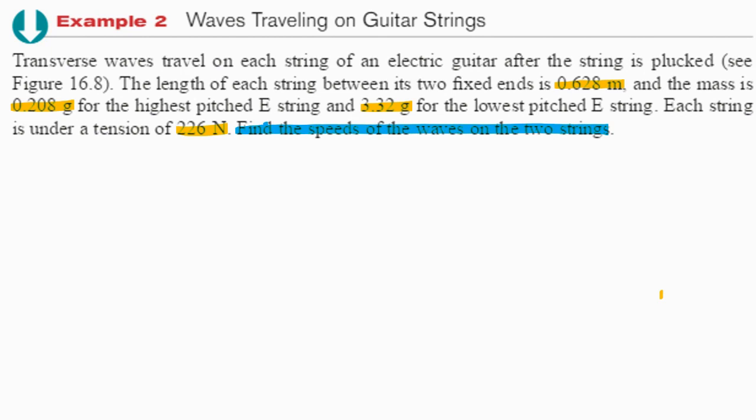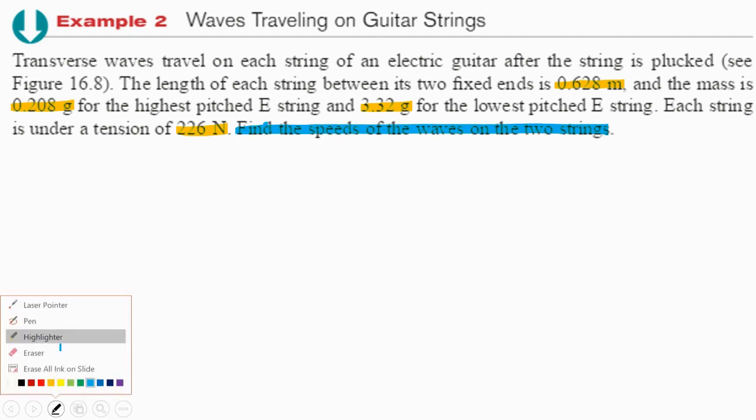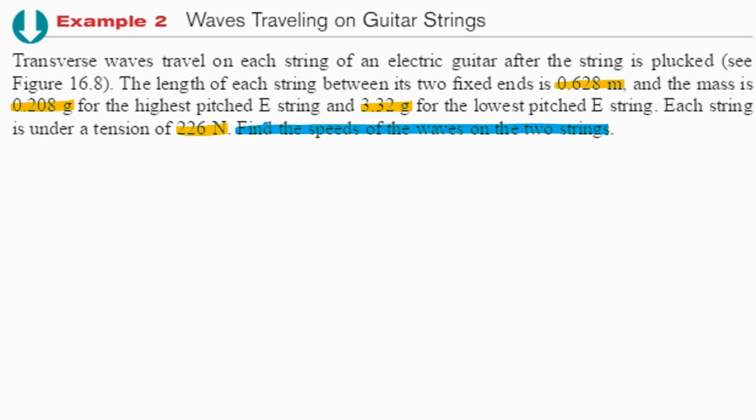So this problem also has two parts like the previous one. It's nice when you're working on a physics problem to identify, especially when you have two objects, what they have in common. So in this case, the length L is 0.628 meters for both strings. They have the same length and they also have the same tension.